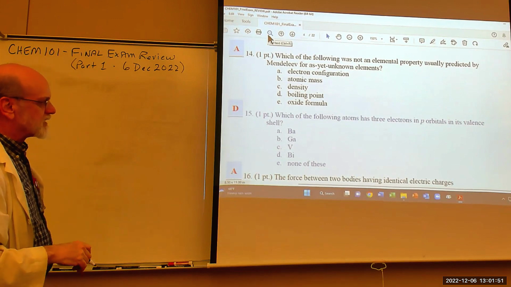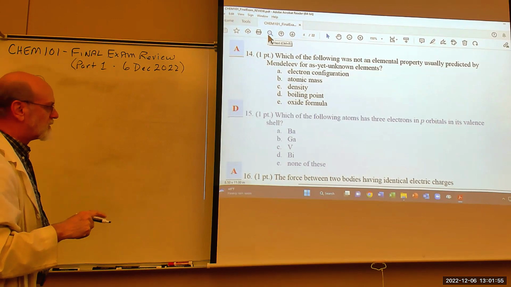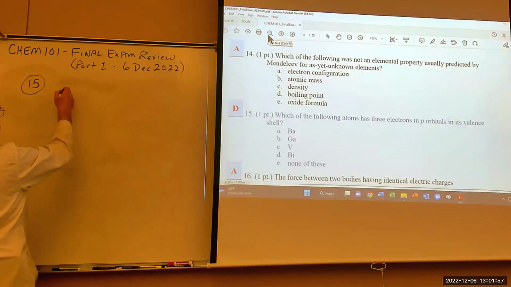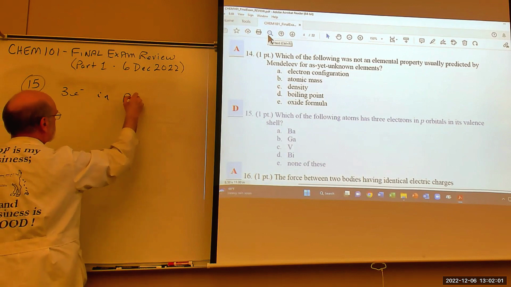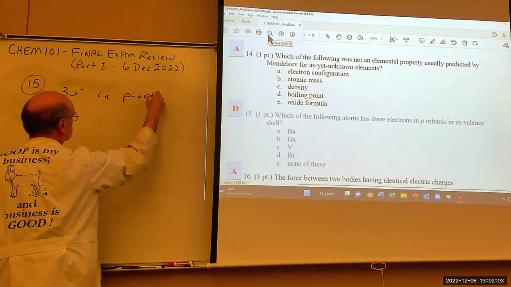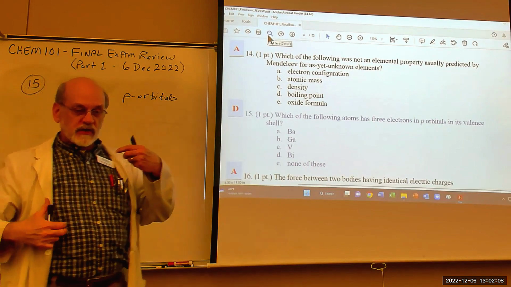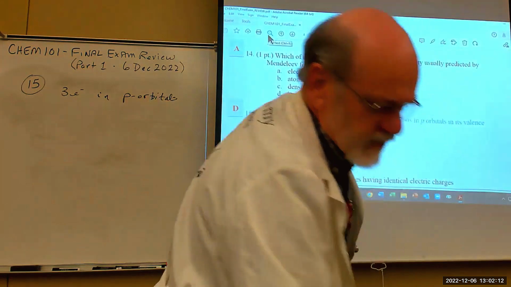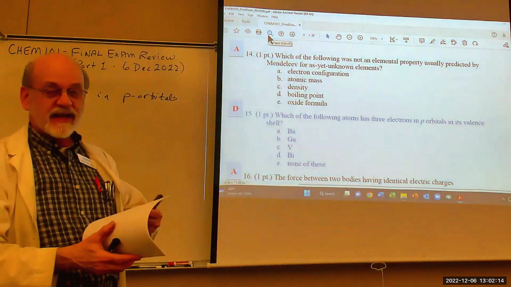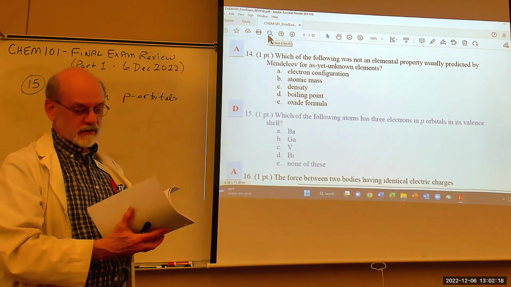Which of the following atoms has 3 electrons in p orbitals in its valence shell? We need 3 electrons in p orbitals. This is where you need the periodic table, because the periodic table is constructed to tell you where the valence electrons are. That's one of the things that it can do.